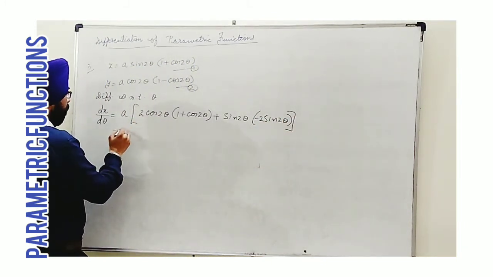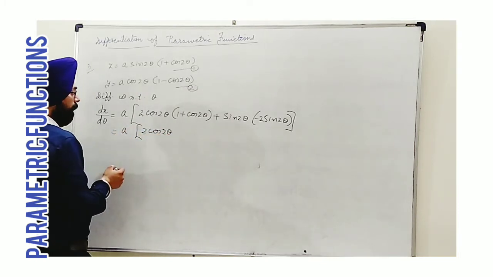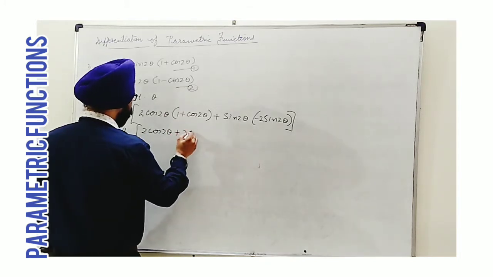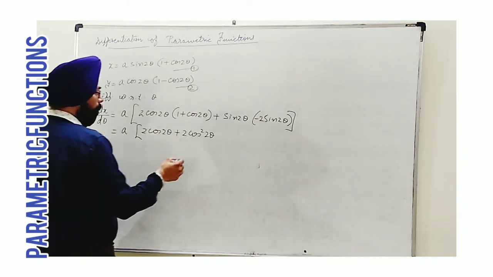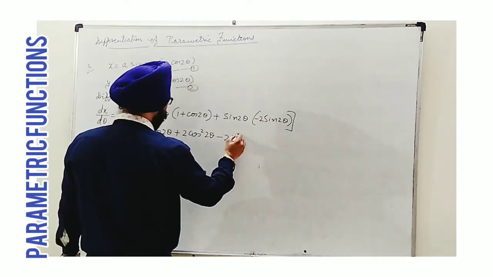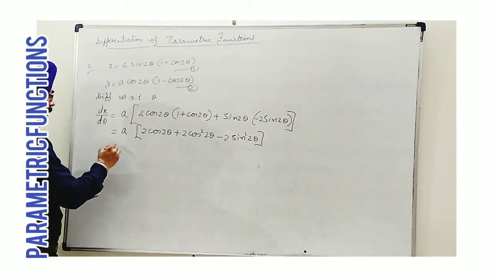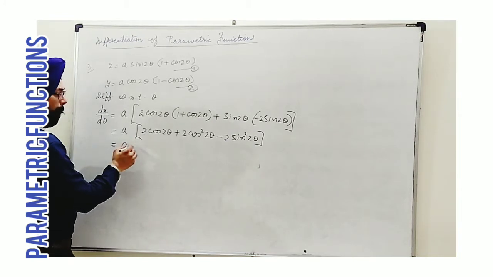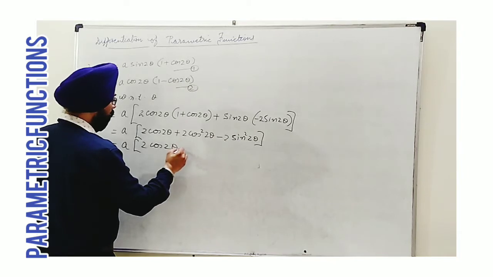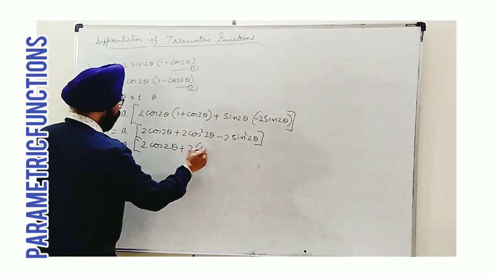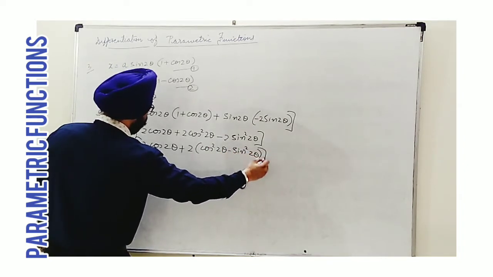Now we will simplify. We have a times 2 cos 2 theta, this goes inside, plus 2 cos square 2 theta. Further, we have minus 2 sine square 2 theta. As I see, a, and this is 2 cos 2 theta. When 2 is taken common, we can write this as the identity cos square 2 theta minus sine square 2 theta.